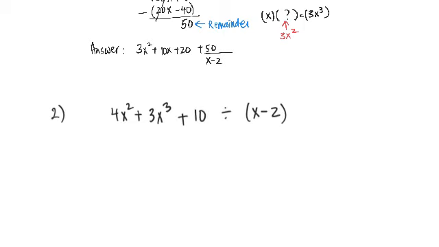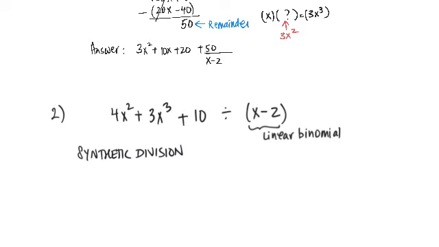And we're going to use the process of synthetic division to do what we just did with long division. We're going to get the same answer because synthetic division is just a shorthand way of dividing a polynomial by a linear binomial. Notice this is a linear binomial. So when we have the divisor being a linear binomial, we can shorten the process of long division.